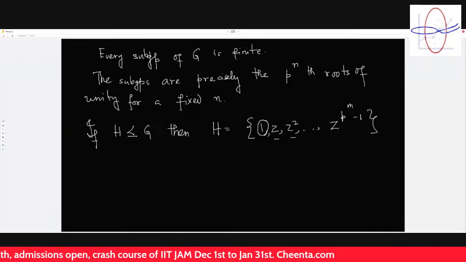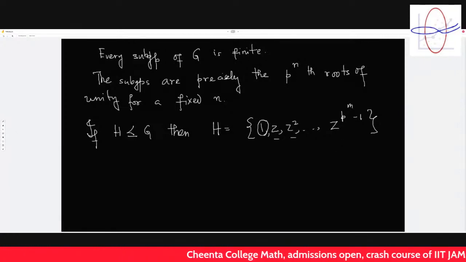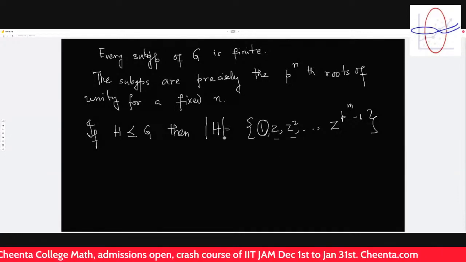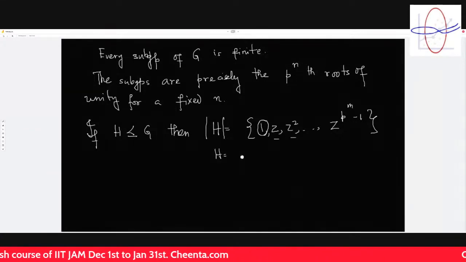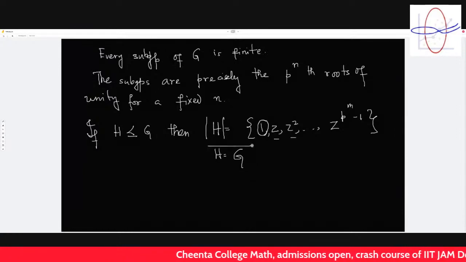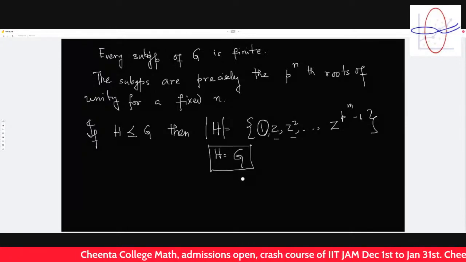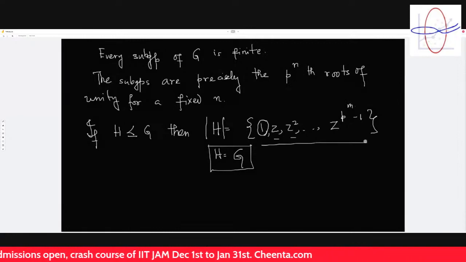Now if the subgroup order becomes infinite, then this subgroup itself becomes G, right? So all the proper subgroups of G have to be of the form like this.